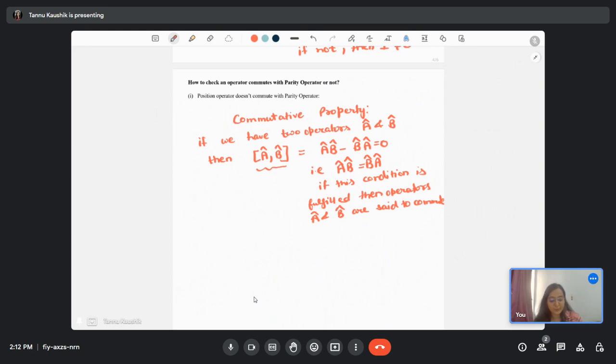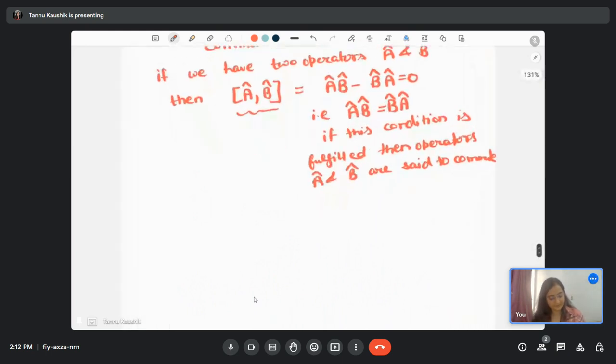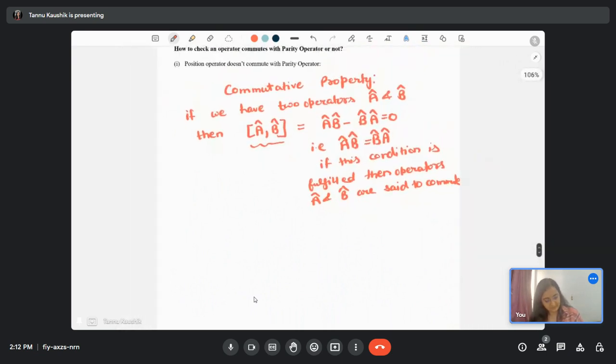Okay. So now we have to check whether a particular operator commutes; we will take some operators. Firstly, we will be taking the position operator and we will check whether this position operator commutes with the parity operator or not.